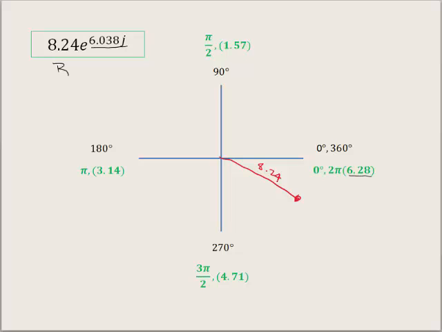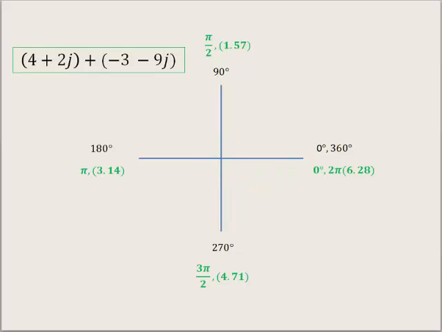And this length is 8.24. And then this is 6.038. I'm going to write that out just so that we are clear and we remember radians. 6.038 radians. Right? So you've got an idea.